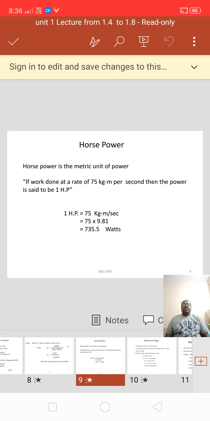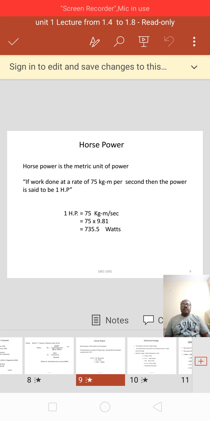Next one, we learn about horsepower. Generally horsepower is the metric unit of power. If work is done at a rate of 75 kg-m per second, then the power is said to be 1 horsepower.